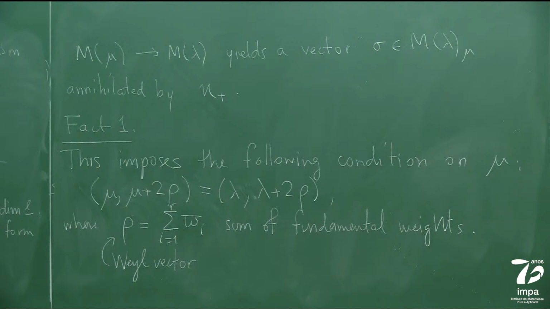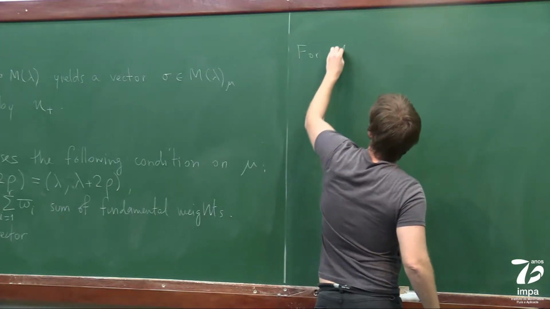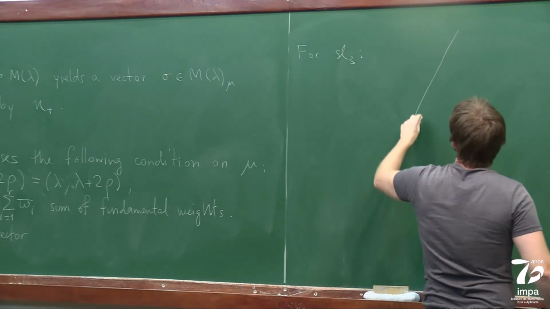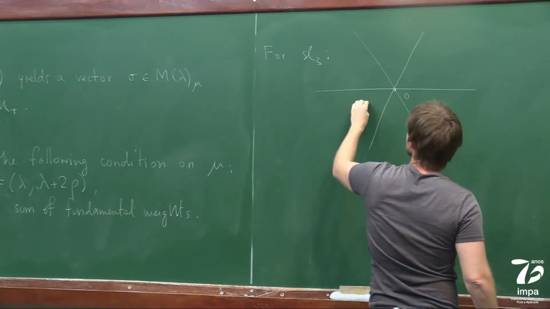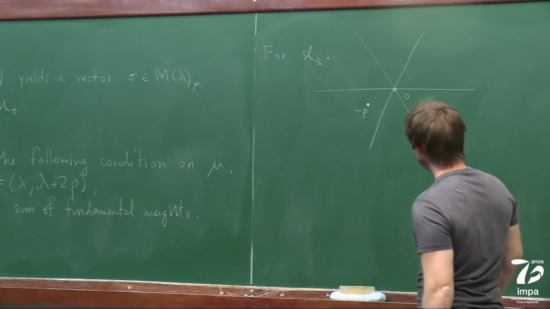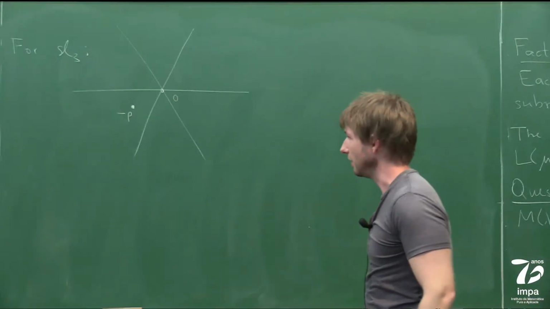So in particular, you can deduce that only a finite number of integral weights mu can satisfy this condition. In fact, it's going to be a sphere centered on minus rho.